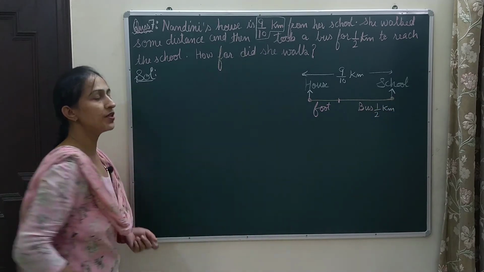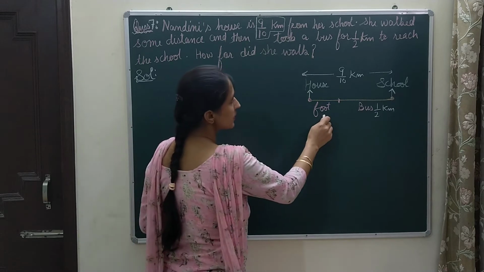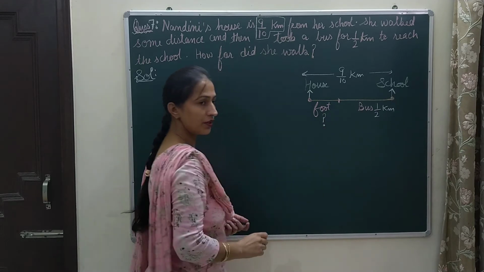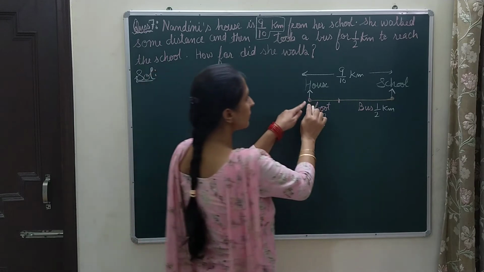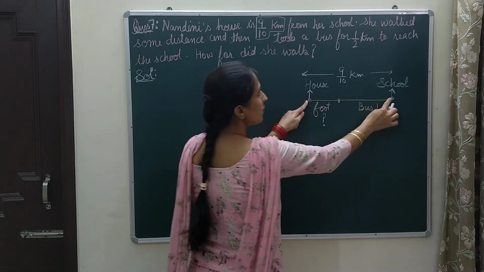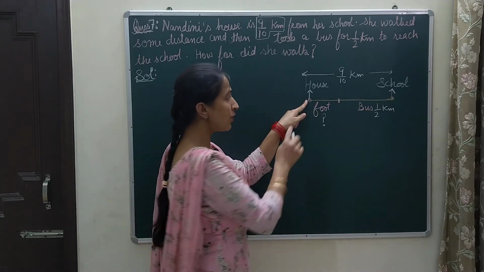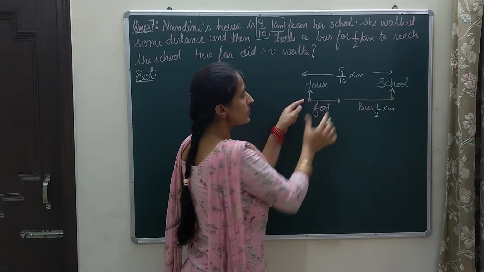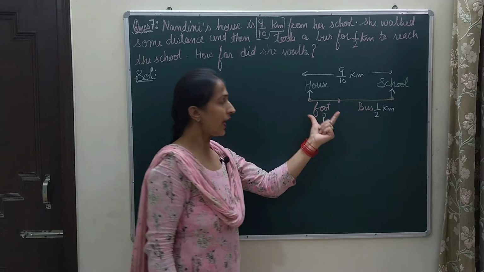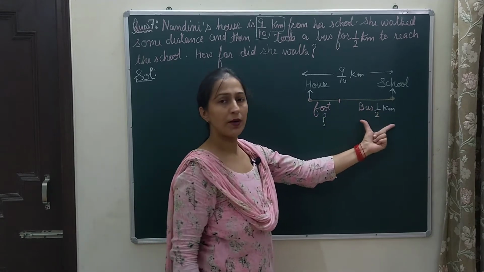How far did she walk? How much distance did she walk by foot? Okay, so this distance is not given to you. You are given the total distance from house to the school. You are also given that she traveled some distance by foot, and after that she traveled by bus.